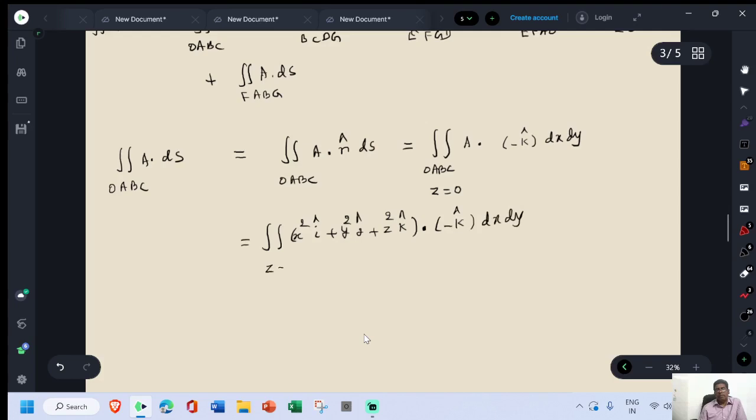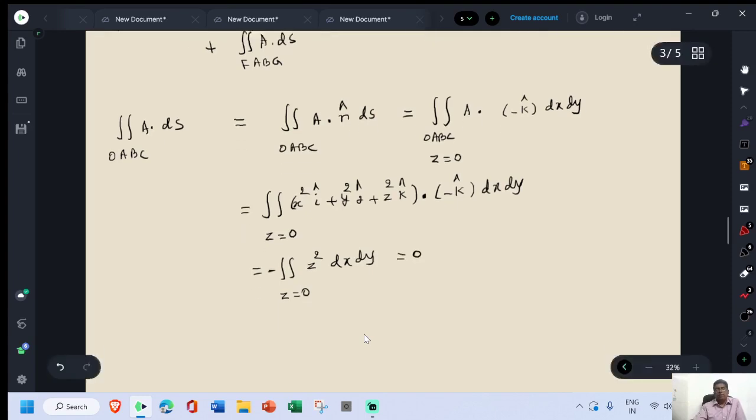Here the value of z is equal to 0. Double integral of, see that i dot k 0, j dot k 0, k dot k 1. So with a negative sign, z square dx dy. Here the value of z equal to 0. Therefore automatically this integral value is 0.